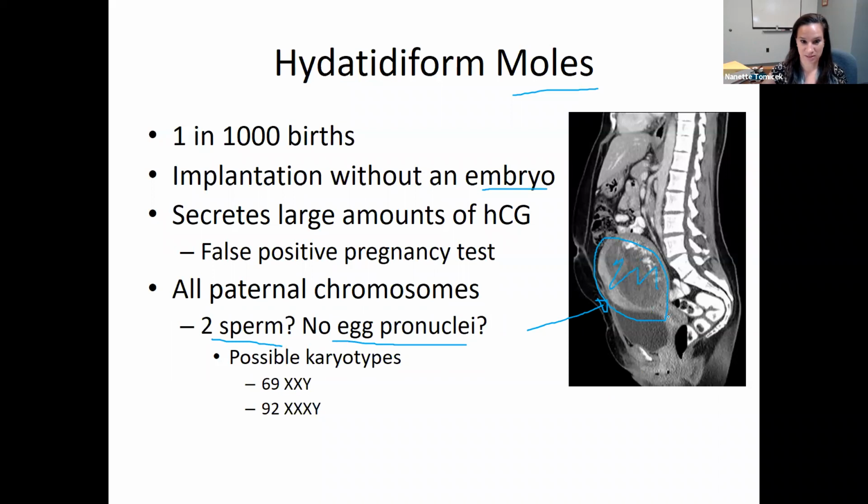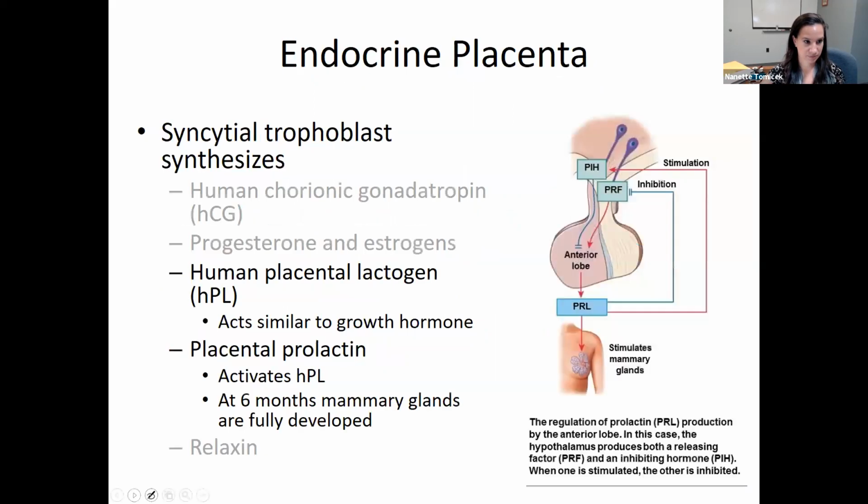There's no baby in here. So that's a molar pregnancy. And because you do get the placental structures, you will get the hormones, you will get the positive test, but until you do some type of x-ray or ultrasound, you are not going to realize that there's no baby in the chamber. Strange, but it does happen.